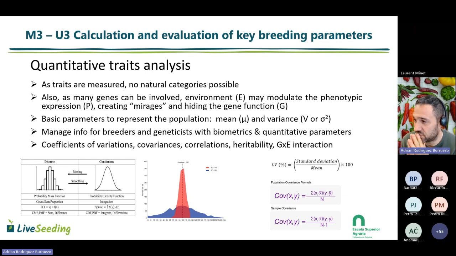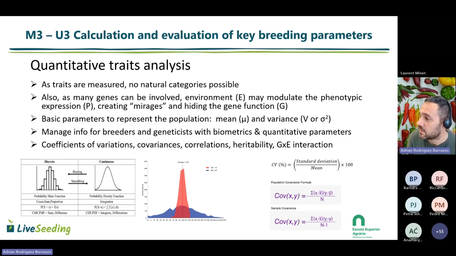How are these traits studied, or which parameters are used to first represent the population? Remember that these traits are measured and they are distributed in a continuous way. The most usual way is the normal distribution.